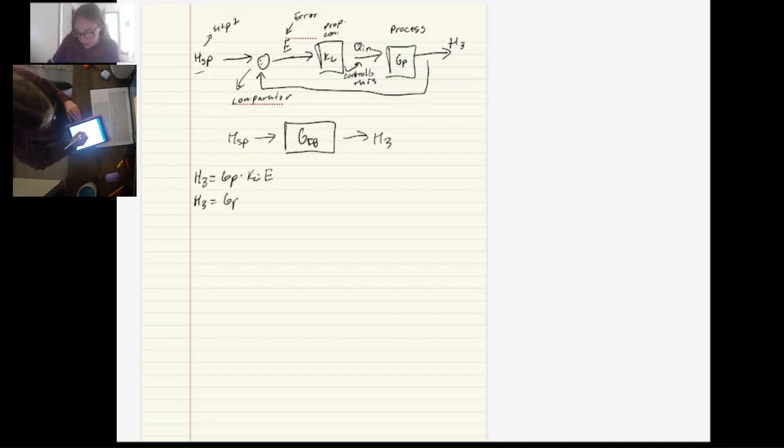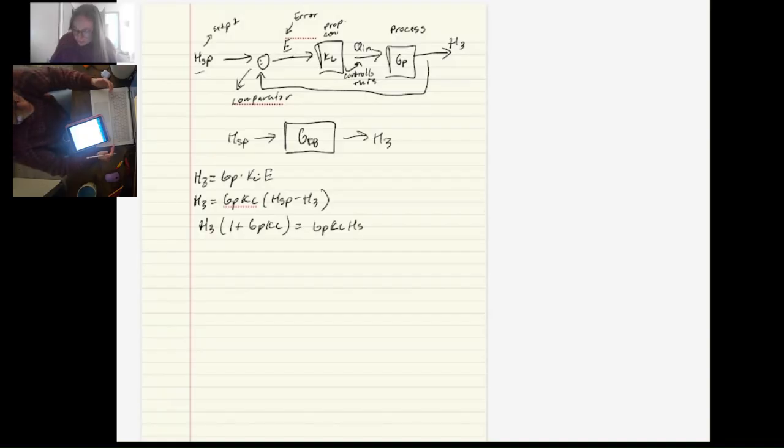So GP times KC, and then we have our height set point minus our height of tank 3. Now, if we want to solve for H3 on one side, H3 is going to be GPKC over 1 plus GPKC, times the height set point.